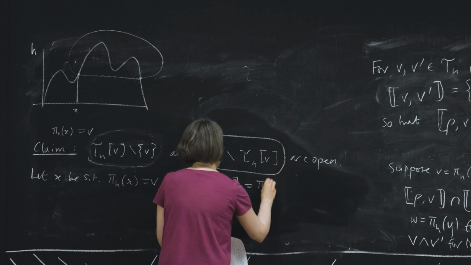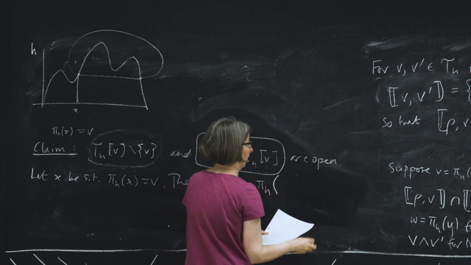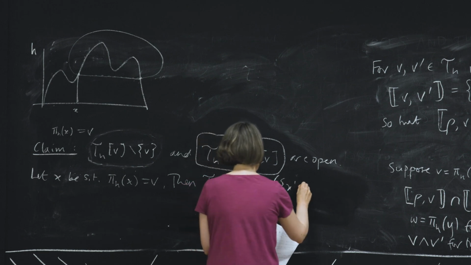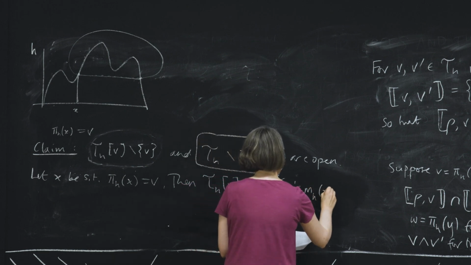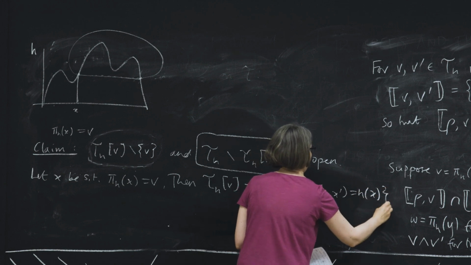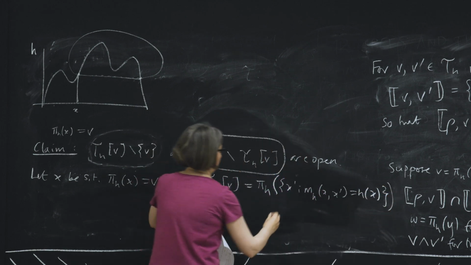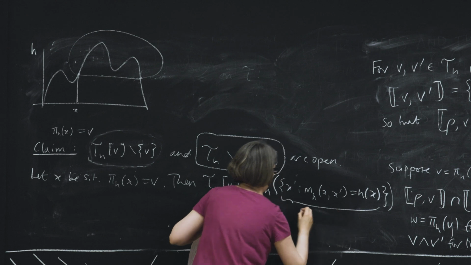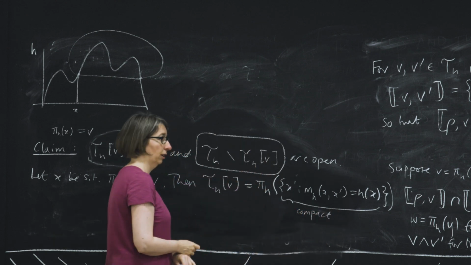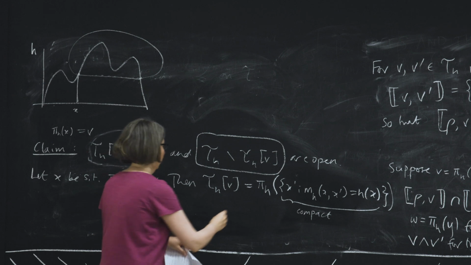So the set of descendants of v we can think about precisely, as I said over there, as the projection of the set of points x primed such that the minimum between x and x primed is h of x. So this is a compact set, again because h is continuous.